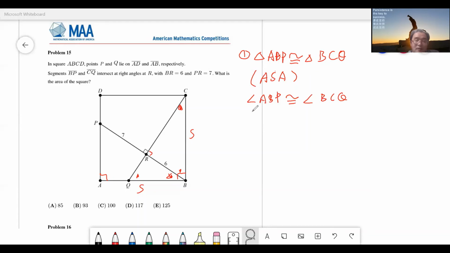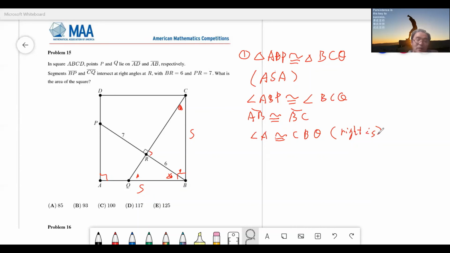Side AB is congruent to BC. Next, angle A is congruent to angle CBQ, which are right angles. Okay, so with this, we show this.